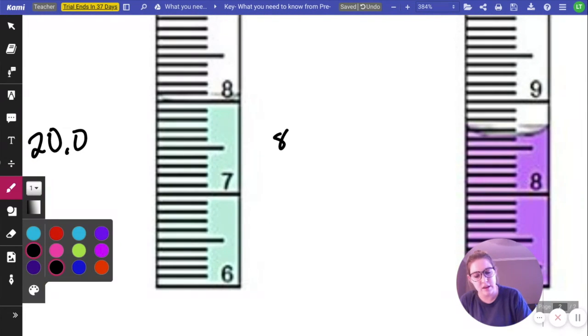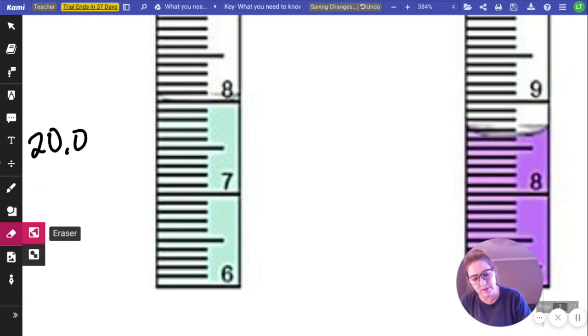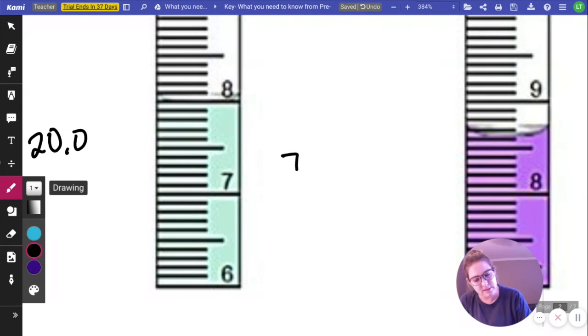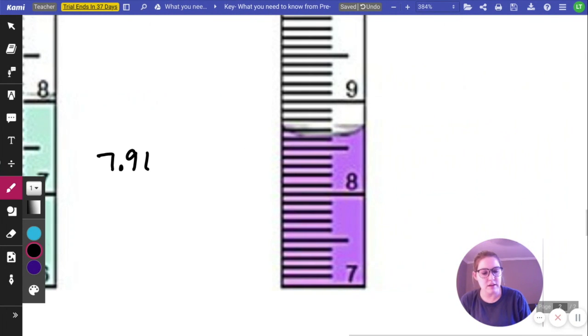So I have 7 point, and then I see it as about 7.9, maybe 7.91 or something like that. And the last one over here, 8 point, again every line represents a tenth, so 8.6. That's kind of in the middle there, so maybe 8.65.